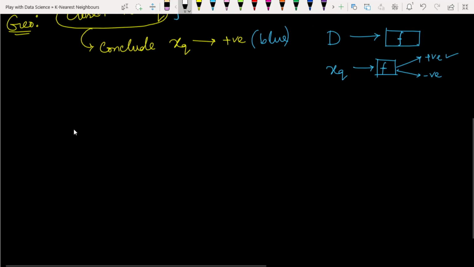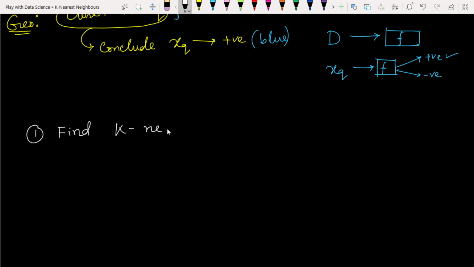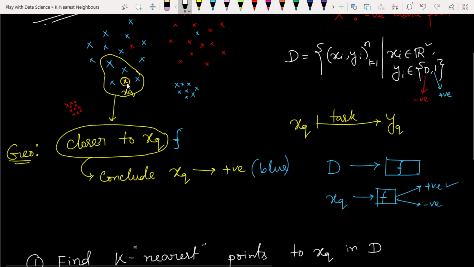Let's write this down. We have to find the k nearest neighbors, the k nearest points to xq, in our data set D. Here D means the training data set. Suppose we choose k equals 4, meaning we have chosen this point, this point, this point, this point.